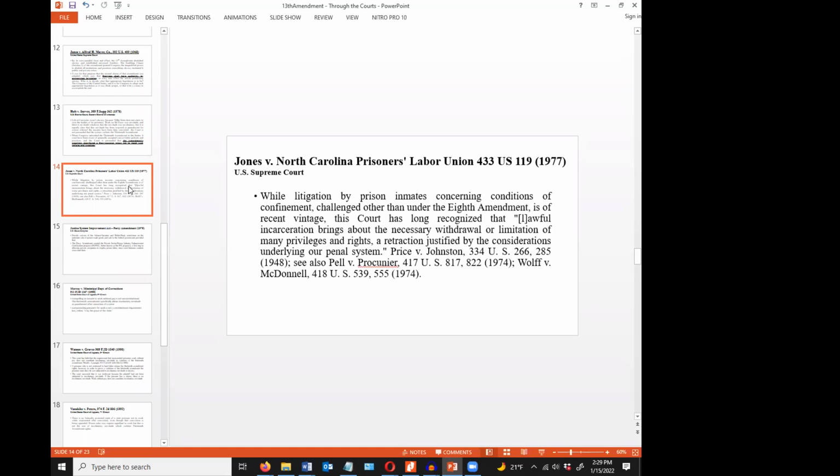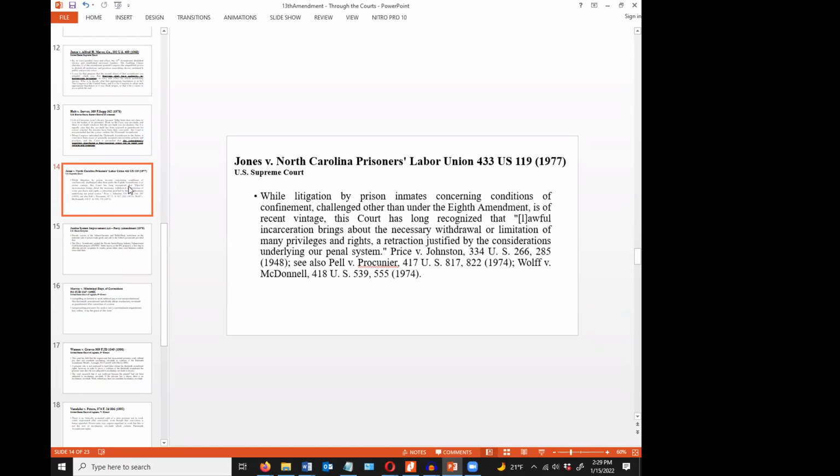It said, while litigation by prison inmates concerning conditions of confinement challenged other than under the 8th Amendment is of recent vintage, this court has long recognized that lawful incarceration brings about the necessary withdrawal or limitation of many privileges and rights, a retraction justified by the considerations underlying our penal system.